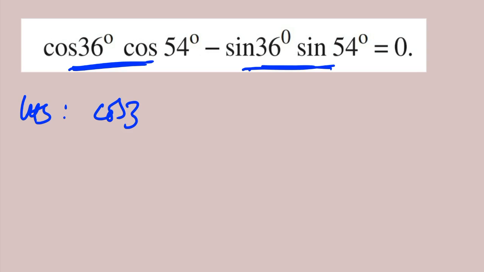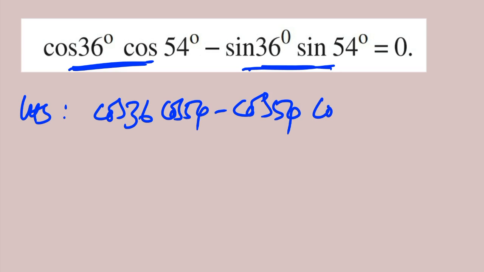For example, cos 36 and cos 54 as they are I have written, and sin 36 and sin 54 complements I will write. What is the complement of sin? Cos. So the complement of sin 36 is cos 54, and the complement of sin 54 is cos 36.